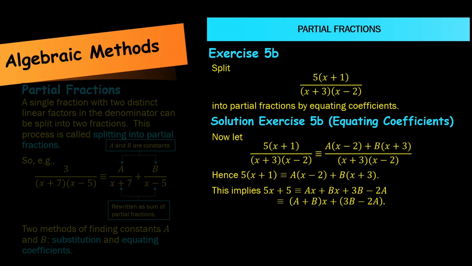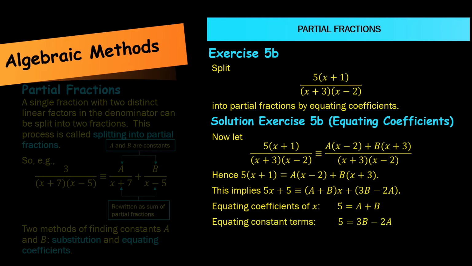In other words, a plus b times x plus 3b minus 2a. So equating the coefficients of x, we have 5 equals a plus b, and equating the constant terms, we have 5 equals 3b minus 2a.